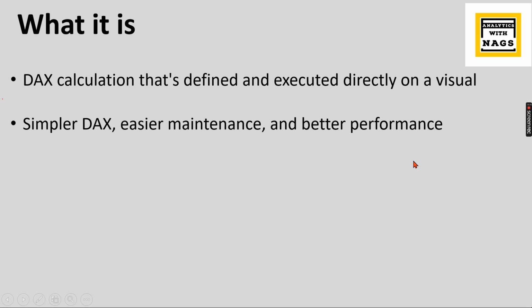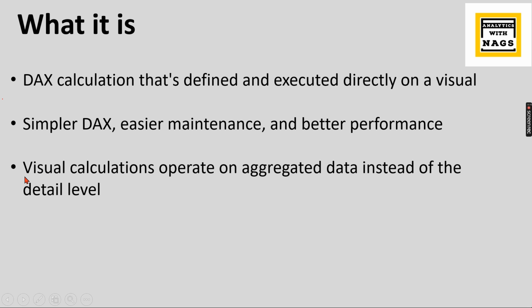Yes, it is better performance because visual calculations operate on aggregated data instead of the detail level. Let's say you have 1 million records in your fact and dimensions, and one visual that shows only 5 records, say a year or quarter calculation.